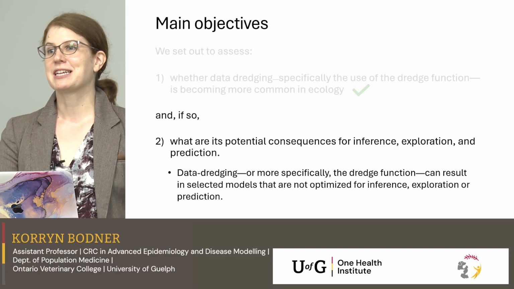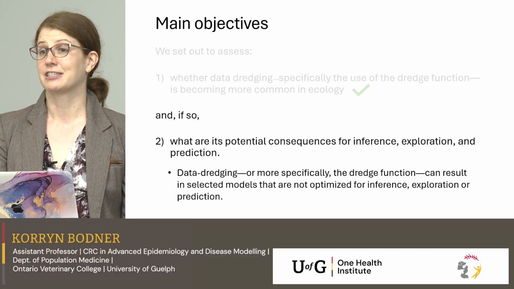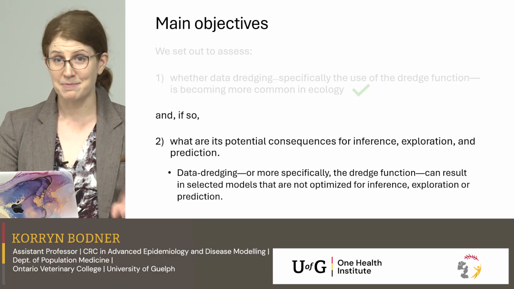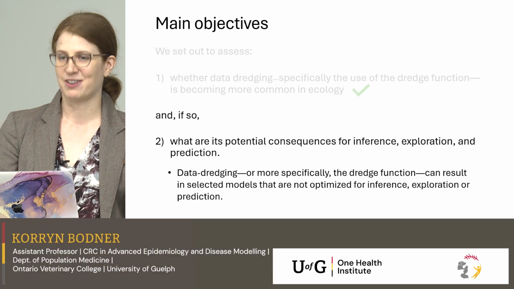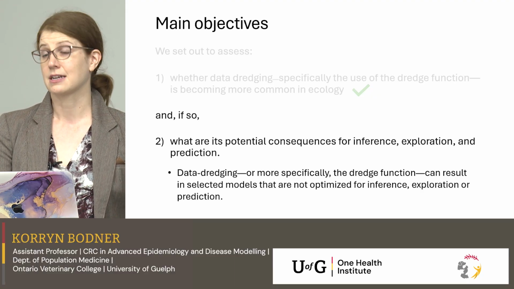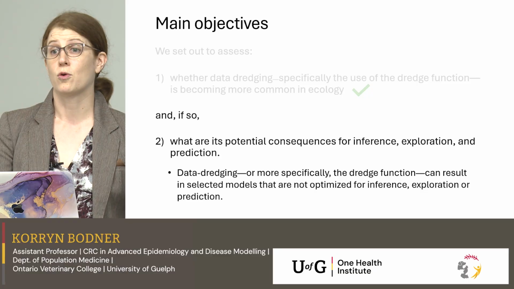So what are the potential consequences for inference, exploration, and prediction? Well, data dredging, or let me be more specific, the dredge function, can result in selected models that are not optimized for inference, exploration, or even prediction.